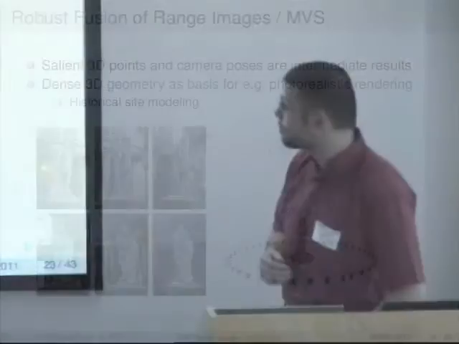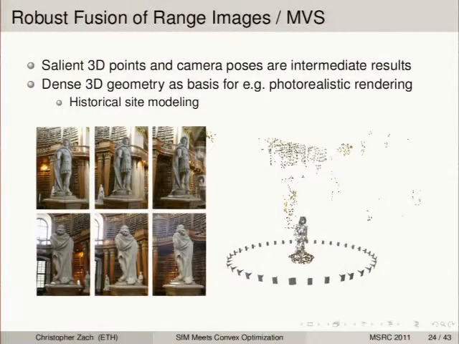Just to mention, there is now one work that combines both worlds. I talked a lot about structured motion, which gives you essentially the camera poses and some sparse sets of 3D points. This is, for many applications, not enough.